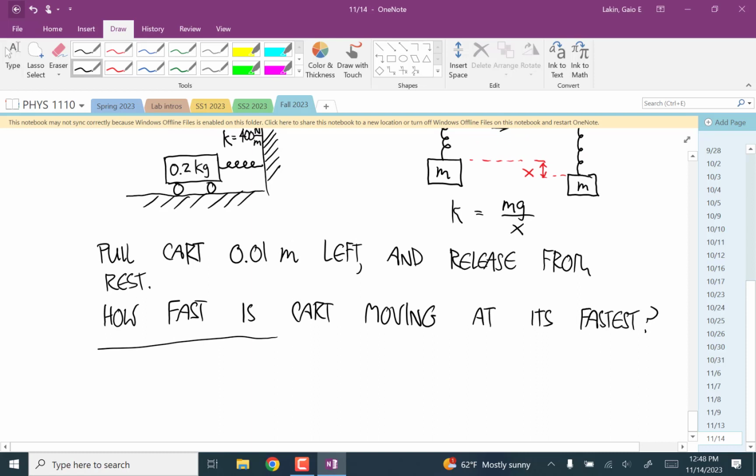Can you sort of visualize? We're ignoring any friction, things that are going to take energy out of this system. So if you pull this thing and let go of it, it's just going to oscillate back and forth. And somewhere in the middle of that oscillation, it's going to be going its fastest. Then it'll slow down, turn around, and just keep doing that forever because we're not losing any energy during an oscillation. In real life, you'd lose a little energy each oscillation, and eventually it would stop. But to us, that doesn't happen.